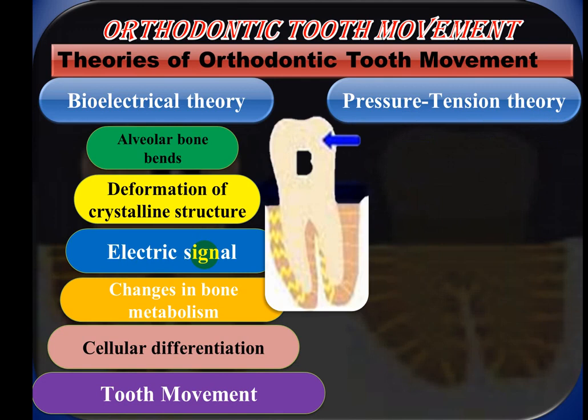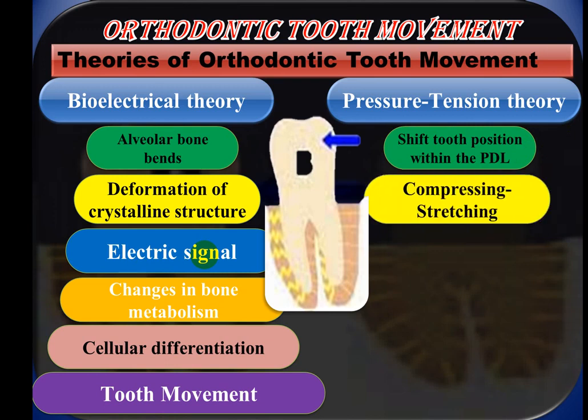So the first step after the force application is a shifting in tooth position within the PD ligament space. As a result of this shifting to one side and away from the other side, there is a creation of a compressing and a stretching side.